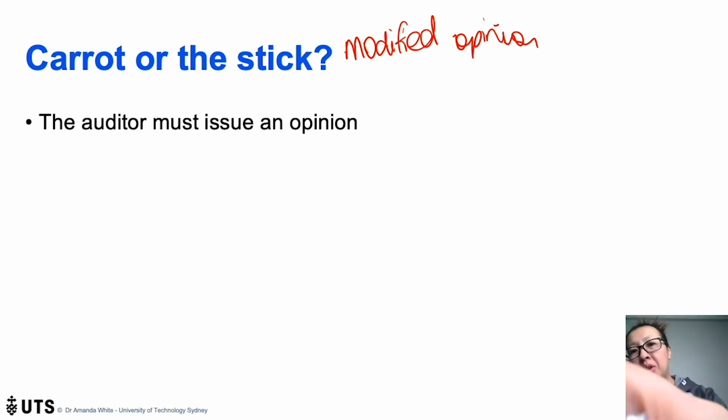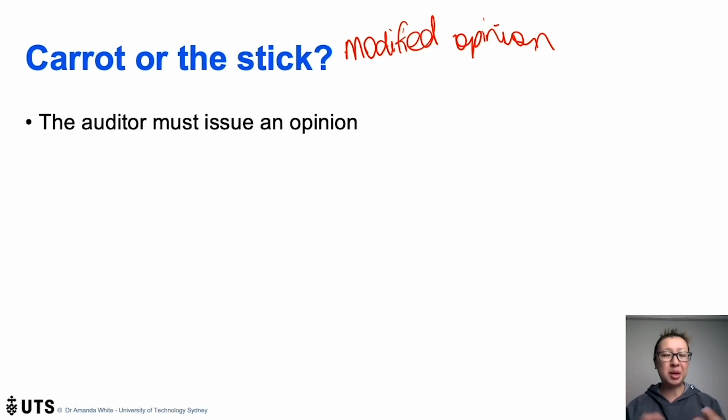Now, a modified audit opinion is a stick because when you get a modified audit opinion, typically you'll have a negative share price reaction. That decline in the share price hits executives because it typically will devalue the executive stock options that they hold in their employment.